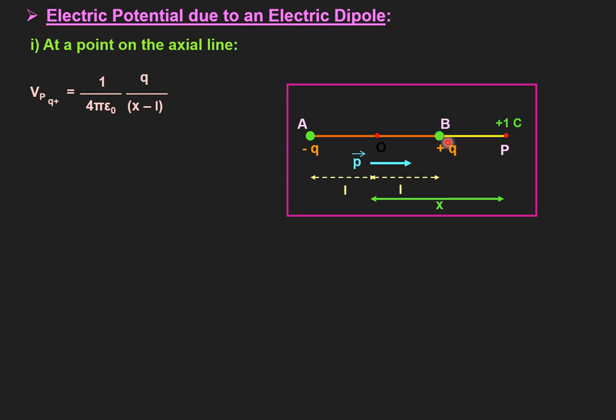If positive, write positive; if negative, write negative. So potential at point P due to the positive charge will be 1 by 4 pi epsilon naught times charge divided by separation. It will not be separation square, it will be separation only. The total distance is x; if I subtract L, that is the separation BP that I require. So it is 1 by 4 pi epsilon naught Q divided by x minus L. Similarly, the electric potential due to the other charge, minus Q, with observation point P, will have separation x plus L, and the charge is minus Q.